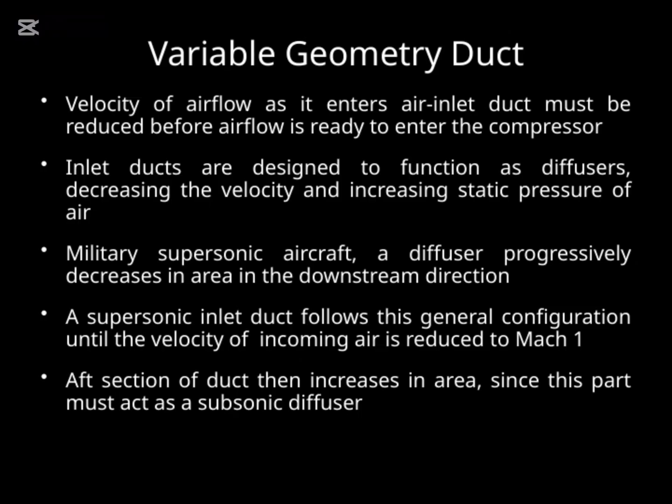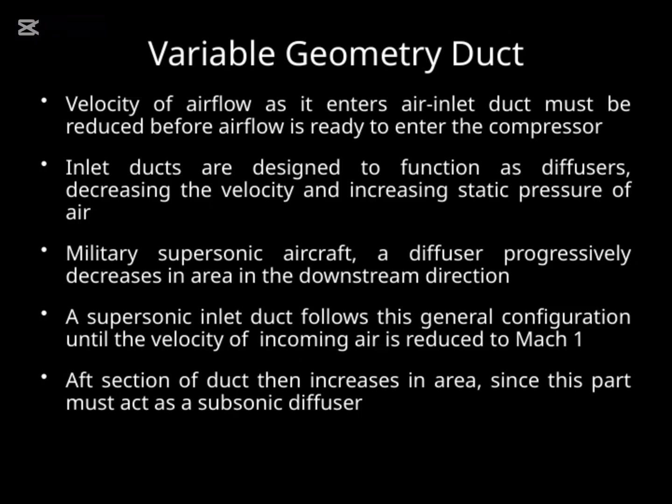When we consider military supersonic aircraft, the diffuser's shape becomes even more critical. These diffusers are designed with a progressively decreasing cross-sectional area as the airflow moves downstream. This gradual narrowing helps manage the high-speed flow effectively. Once the airflow slows down to Mach 1, meaning it reaches sonic conditions, the design typically shifts.